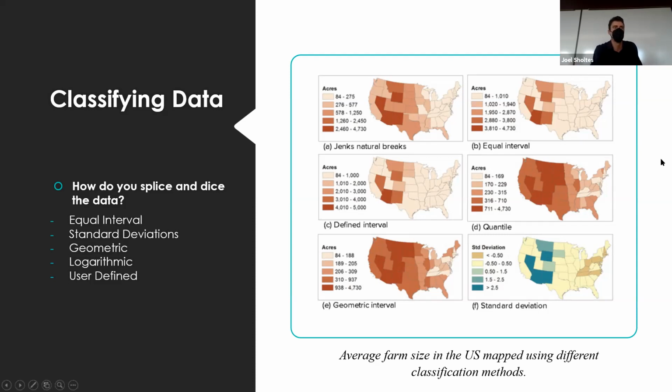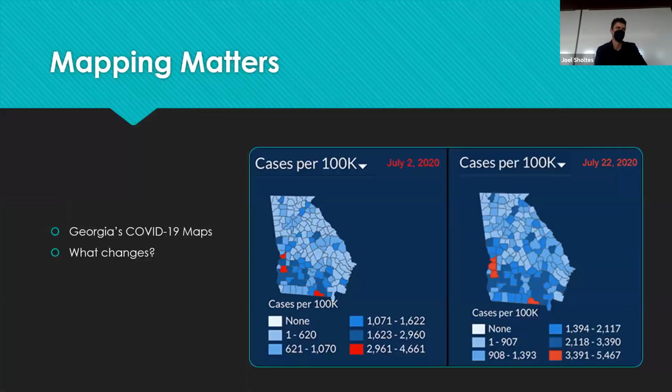But it's interesting how, for example, with the standard deviation, you can see there's a really big distinction between the Southwest and Midwest and then the East here, which doesn't pop out in some of these other ways. So maybe if you don't know what the best way is, you try some of these, and maybe you have to study the data a little bit to understand how you want to present it.